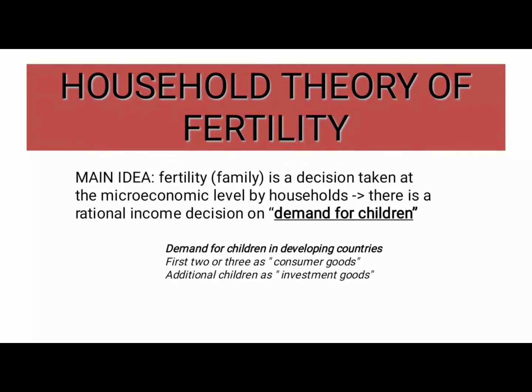In this household model, children are thought of like a consumer good because they bring happiness or satisfaction, and rather than something that's only happening now, it happens over time, over your life.